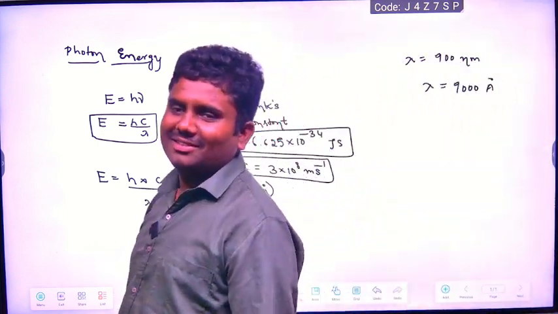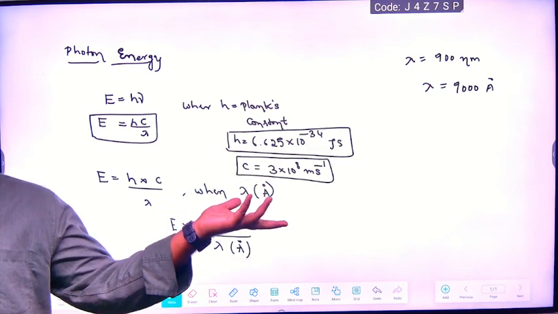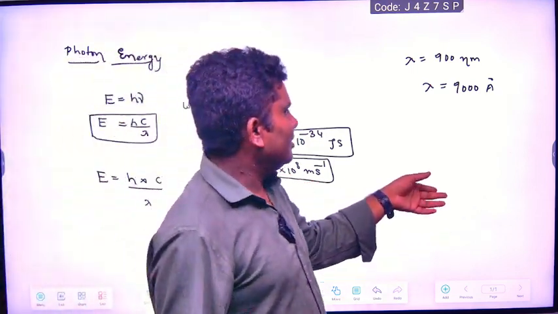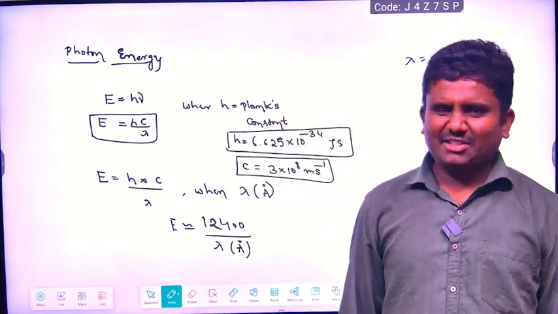One more 10 you multiply: 900 into 10 is 9000. If you multiply by one more 10, nanometer becomes angstrom.